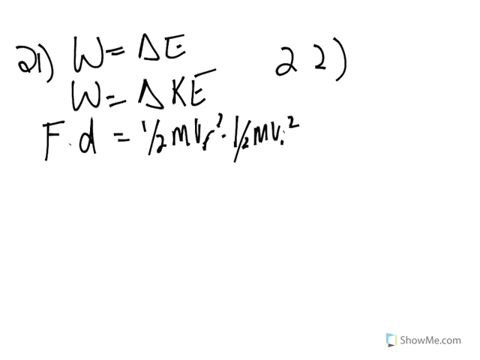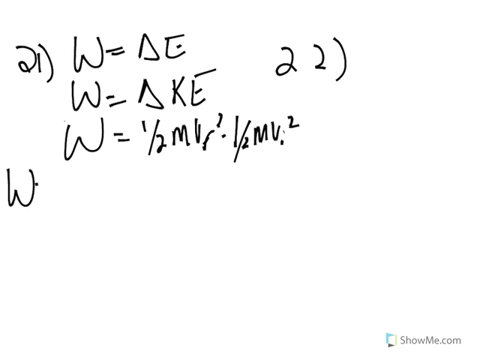force equals, or sorry, my bad. We're just looking for work, aren't we? So we don't have to worry about this. We can just do work is equal to 1/2 mvf squared minus 1/2 mvi squared.